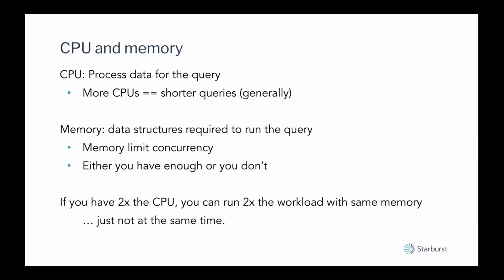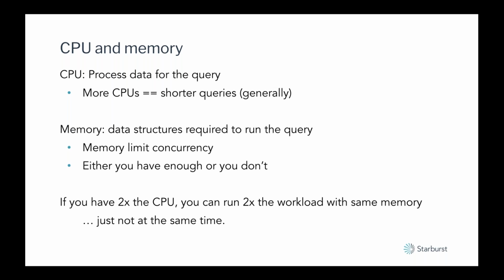Now, I think about memory as limiting concurrency. We'll talk about this a bit more, but in any environment that's running Presto, you almost always have a bunch of users running at the same time, and memory basically controls how many of those queries can run at the same time. If you double the CPU and keep the same amount of memory, generally you can run double the workload using the exact same memory, but you can't do it concurrently.